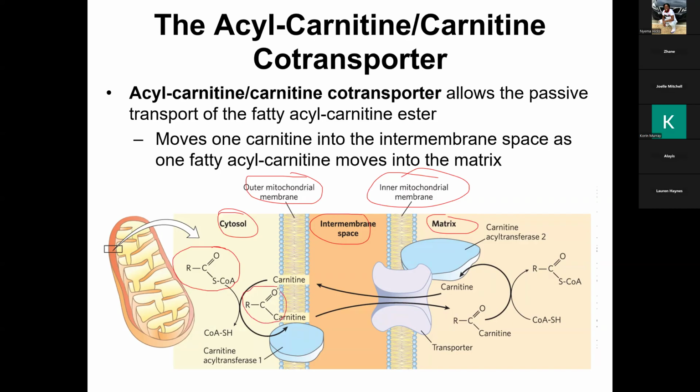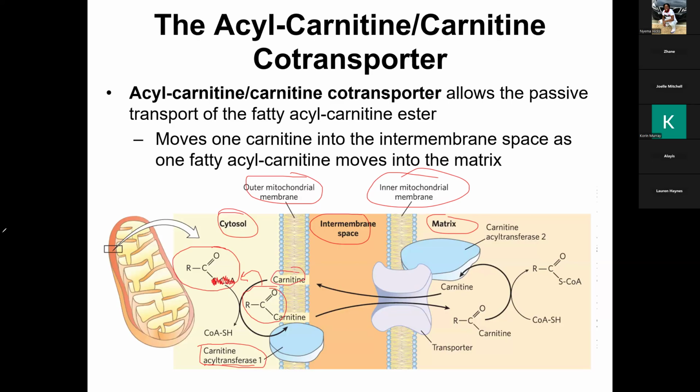A carnitine gets added to it, and the CoA is exchanged. Notice the enzyme is carnitine acyl transferase. Think about it, all of these things tell you what they do. Transferase, transfers.